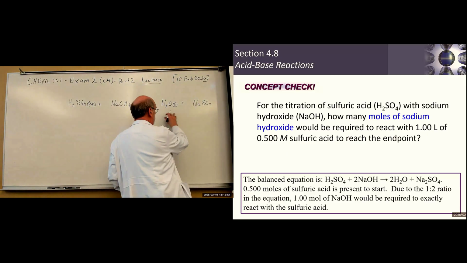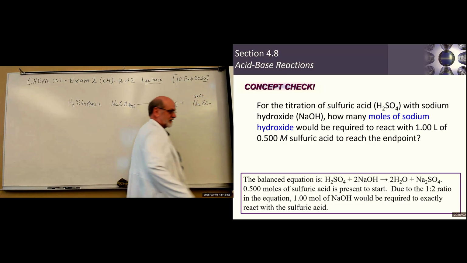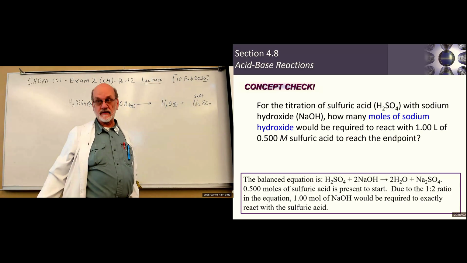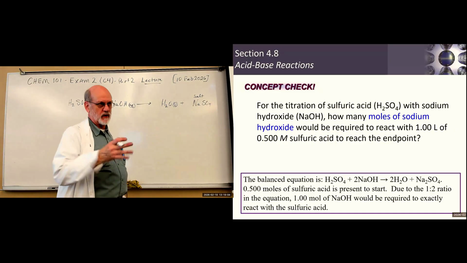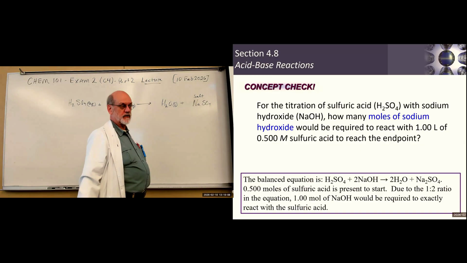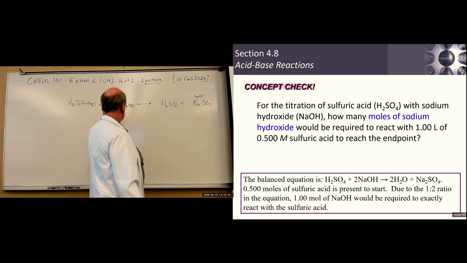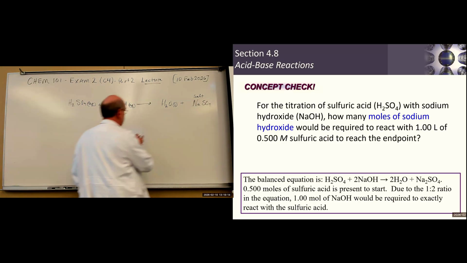So this is water, and this, chemically speaking, is a salt. Not table salt necessarily, but a salt. One of the products of an acid-base reaction is always a salt, the combination of a cation and an anion from your base and your acid. Okay, so now we need to balance it.